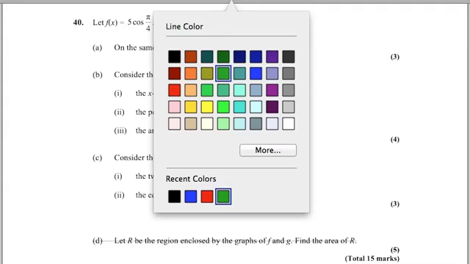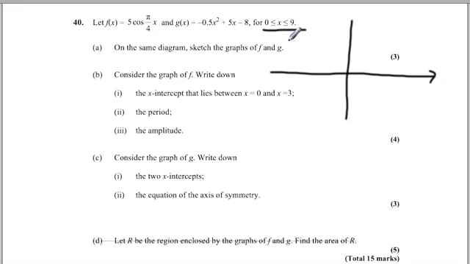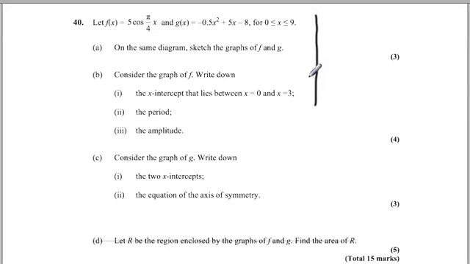Okay, so let me draw this out. So this is my xy, and we're going from 0 to 9. Here's my y-axis, here's my x-axis. I'm going to draw the blue, the cosine function first.